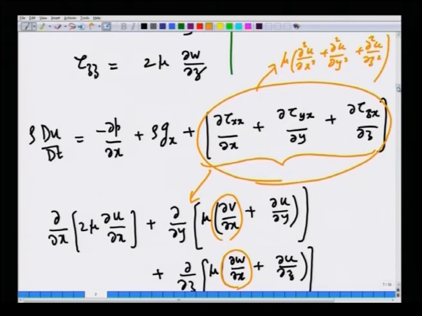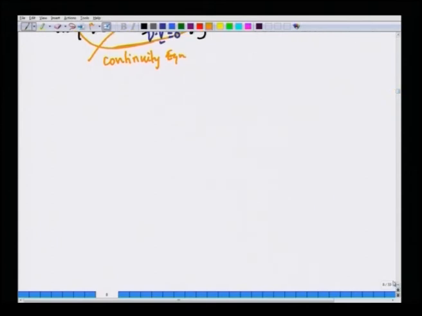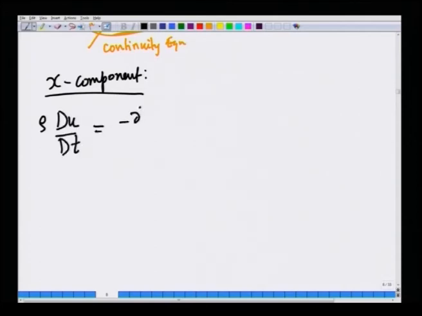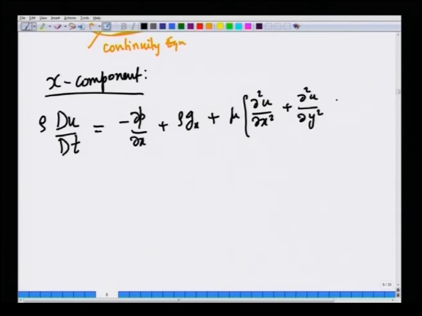So, I am going to write the x component of the momentum equation, after using the constitutive relation for the Newtonian fluid, as rho times the substantial derivative of the x component of the velocity is minus partial p partial x, the pressure gradient term, plus rho g x, the gravity term, plus mu times partial squared u by partial x squared plus partial squared u by partial y squared plus partial squared u by partial z squared.